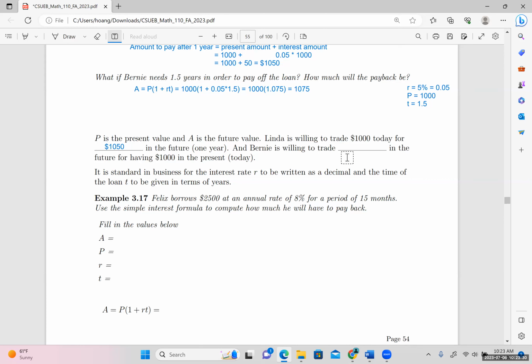And Bernie is willing to trade $50 in the future for having the thousand in the present today. I mean, I would move this before the 1.5, right?